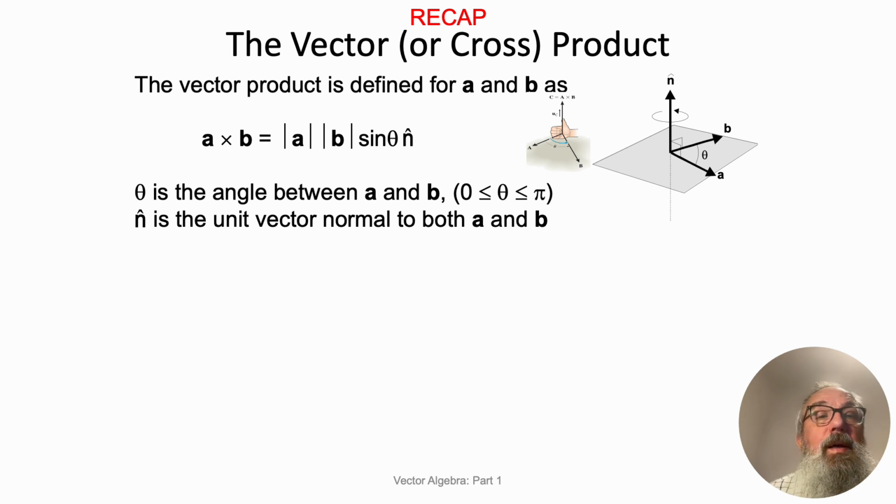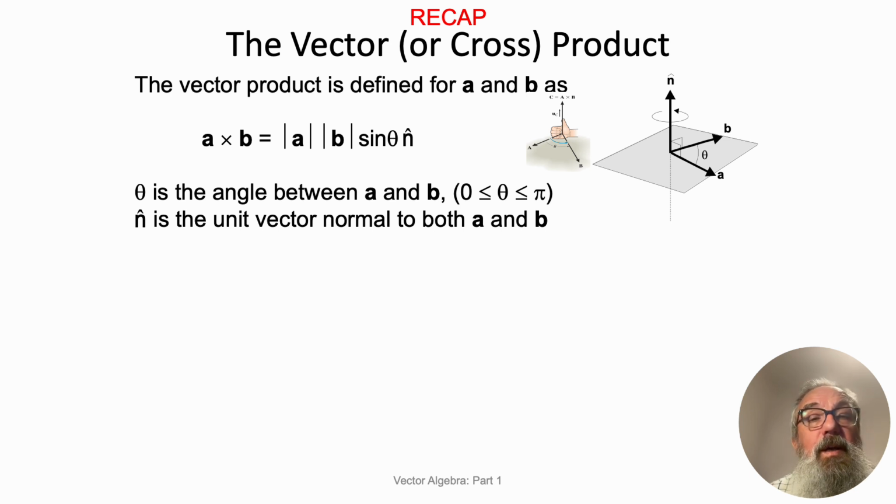Now, if we've got two vectors A and B, happy to be starting at the same point, but they don't need to be, then A cross B is equal to the magnitude of A, magnitude of B, times the sine of the angle between the two vectors, times a unit normal, so a vector that is normal to the plane that contains A and B. And it's a unit normal, so magnitude 1, so it doesn't actually change the size of this sum, but it is a vector.